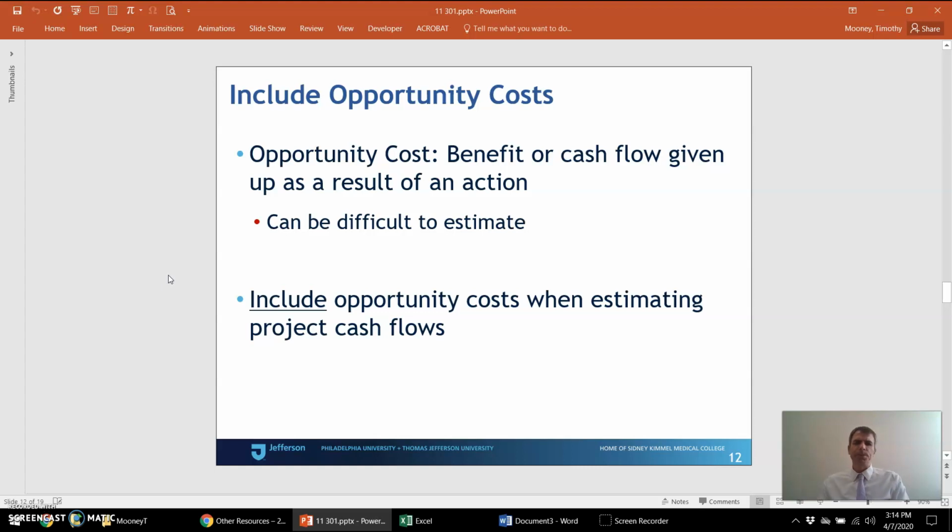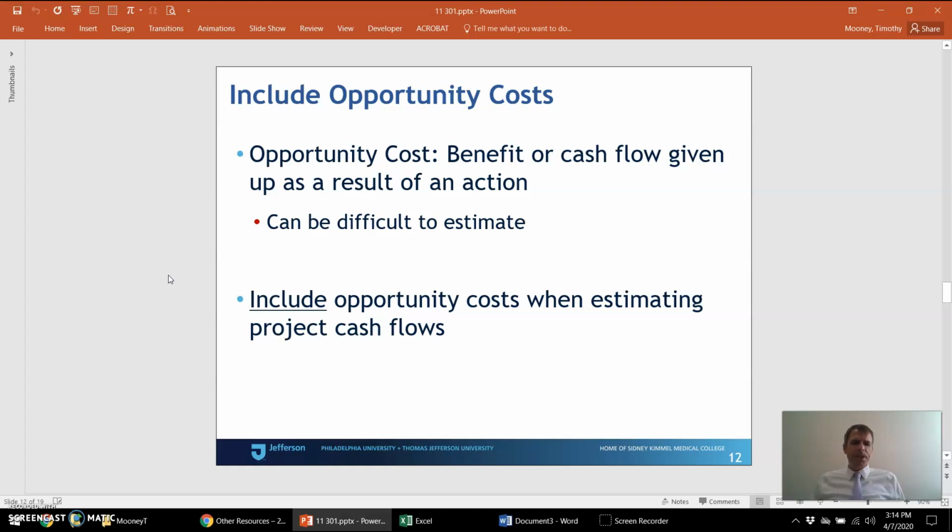But a couple examples. So I guess one big one that comes up in real estate development is, well, suppose we've got a plot of land and we could build an office building there, or residential or commercial, or self-storage, industrial, right? A lot of different mutually exclusive projects. One opportunity cost would be, well, what if we just sold the empty land as it is, right? That's one example of an opportunity cost.